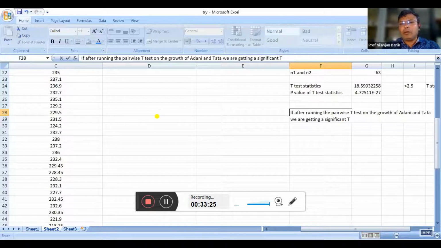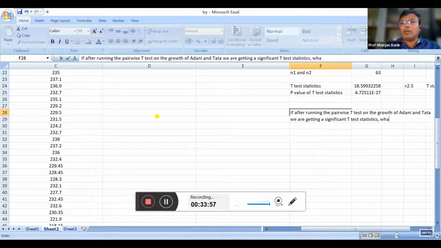And how do I know, coming back to the question which was raised, that the t-test is significant? I will come to know by looking at the p-value. I'll just repeat it again. So here is the question: if after running the pairwise t-test on the growth of Adani and Tata Power stocks, we are getting a significant t-test statistic.